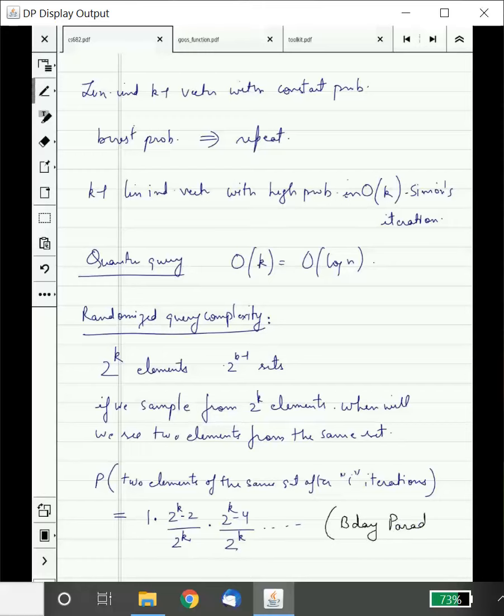I will finish here. You can calculate this probability explicitly, or you can read about the birthday paradox. This will show that i should be equal to square root of 2 to the k for this probability to be constant. In other words, if I want my randomized algorithm to succeed, it should make these many queries.